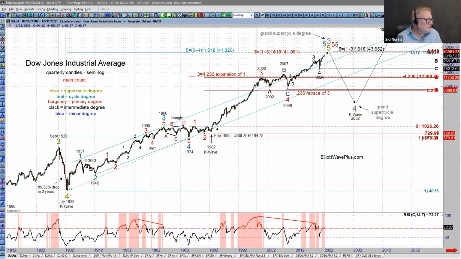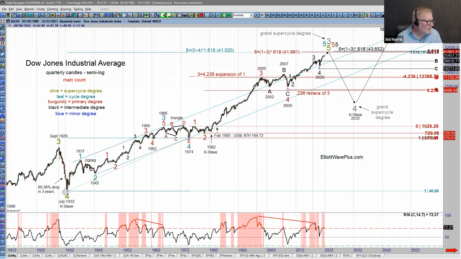So what I do from a Fibonacci standpoint is, because I have some other Fibonaccis on shorter term counts that are all clustered around 42,000, let's say, the best Fibonacci extended wave 5 target would be where wave 5 was equal to the start of the pattern through the bottom of wave 4 times 1.618.